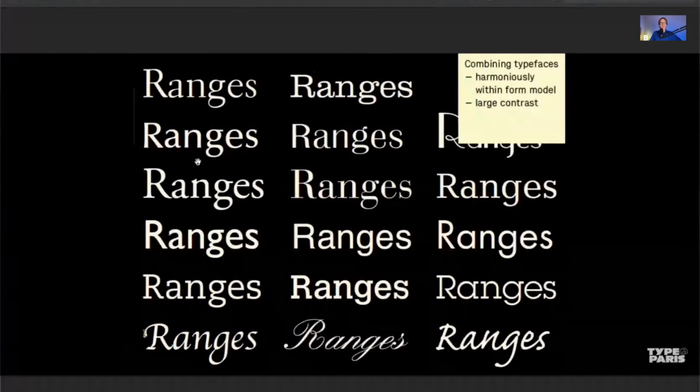You would have the broad nib pen here with this dynamic form model. And then here you would have this pointed nib pen, where the extension goes to the side, like English script. And here you would have a kind of tool that has a linear stroke, which would be more or less this handwritten style of fonts. So you could always combine them in that way.